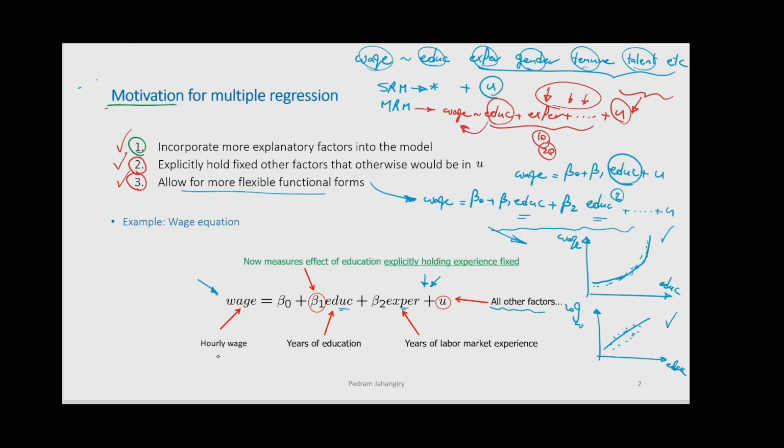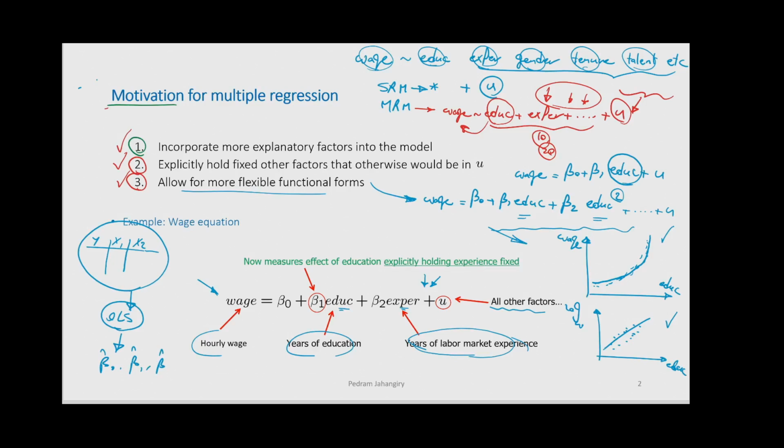And let's say the unit of wage is hourly wage, education is years of education, and experience is years of labor market experience. So what do we expect to see? The coefficient of education most probably is positive, and the coefficient of experience is positive, but we're going to use data. So at the end of the day, I'm going to use y, and now I have multiple x's, x1, x2, etc. In this example, x1 is education, x2 is experience, and then I pass this data to OLS, and OLS is going to give me back beta hat 0, beta hat 1, and now we have beta hat 2 as well, right?